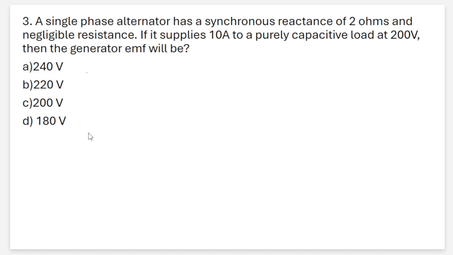So which option is the correct one here? We'll go to the solution. Resistance and reactance are mentioned in the given question, so we use the formula of induced EMF of a single phase alternator.